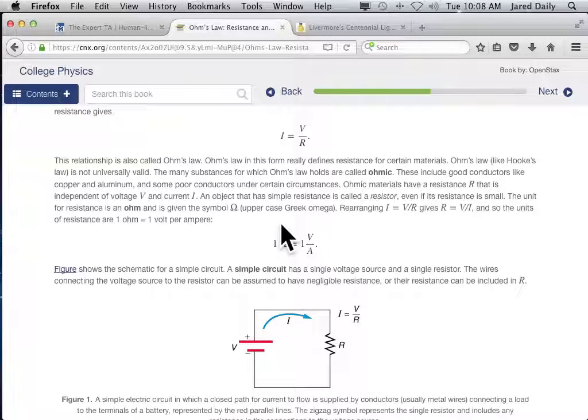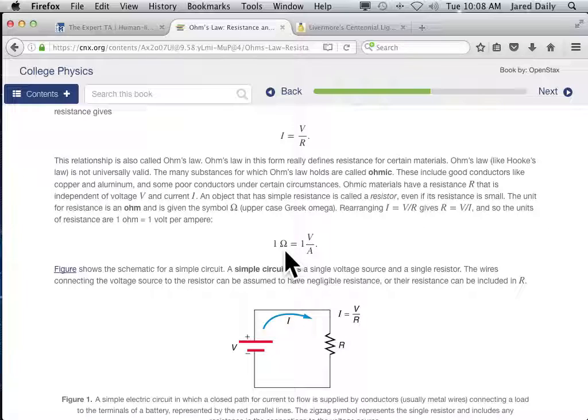So the units for resistance, which we call ohms, are volts per amp. That's just the units. So if you have 1 ohm of resistance, that's what this means.